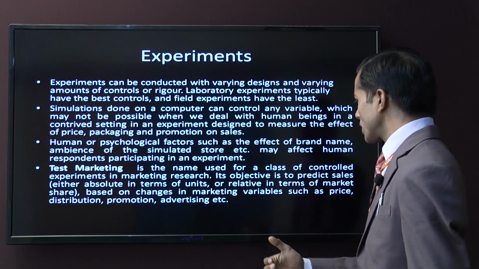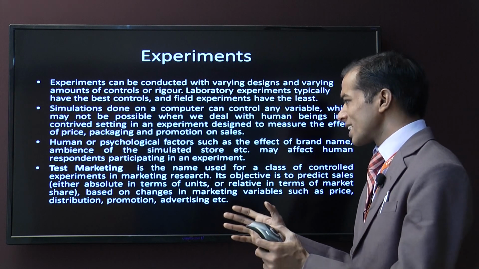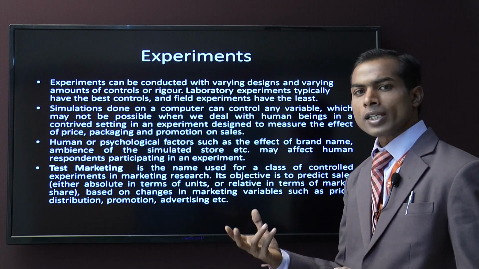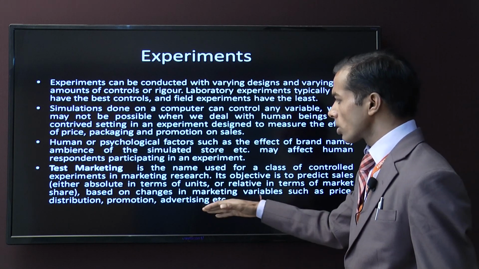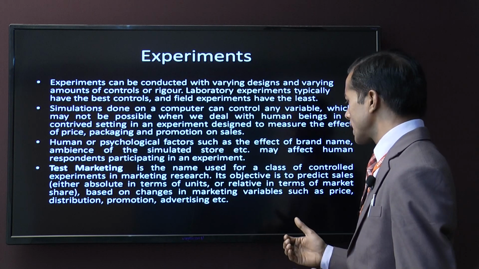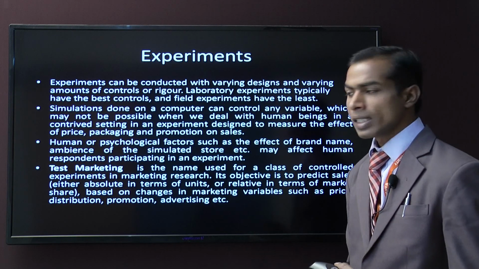Its objective is to predict sales either absolutely in terms of units or relatively in terms of market share, based on changes in the marketing variables, that is price, promotion and packaging, such as distribution, promotion or advertising, etc.